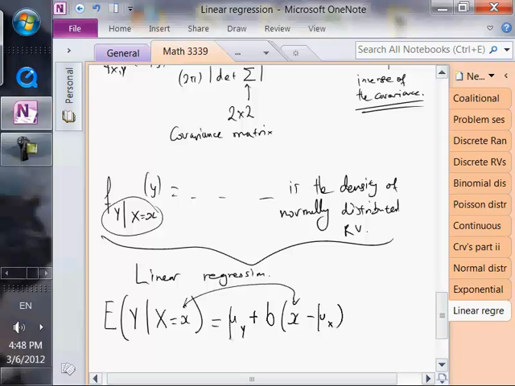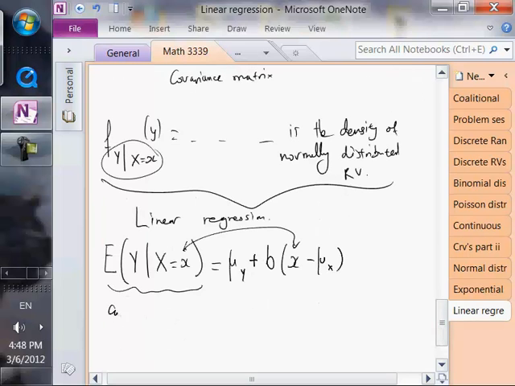And this is exactly telling you that the conditional mean of y is given essentially as the y coordinate of a point on a straight line. Which point of the straight line? The one that has x coordinate the value x.